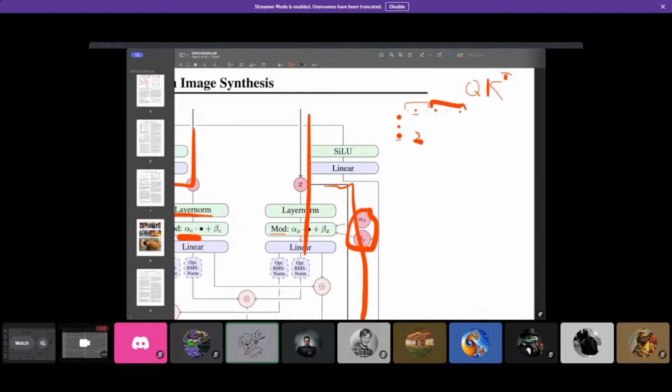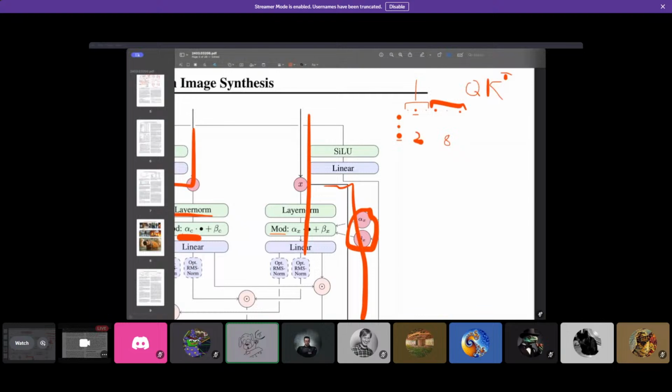That means the same token in the target sequence could attend 2 to the clip embeddings, but attend 8 to the same token from the T5 embeddings, which would not be possible if they were stacked in the dimensions, because then you could only say, I attend to this token. And you would later have to deal with the fact that some of these dimensions are a T5 encoding and some are a clip encoding.